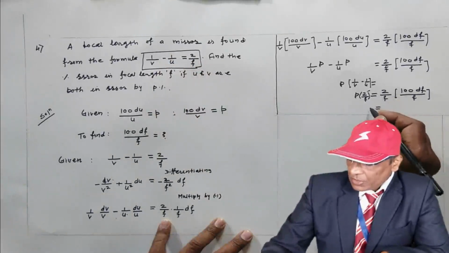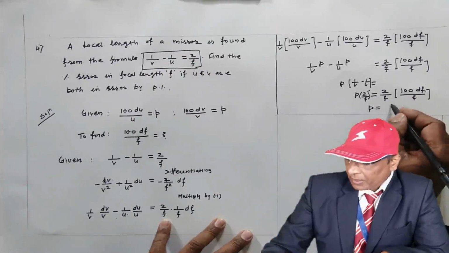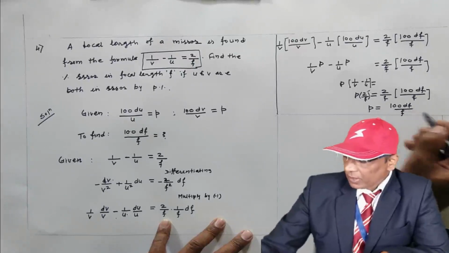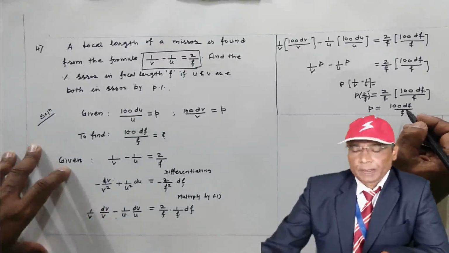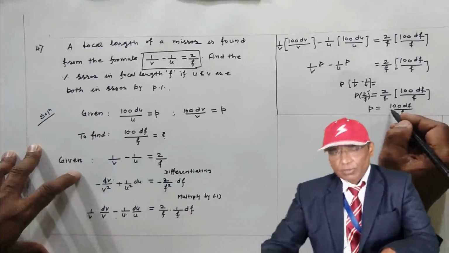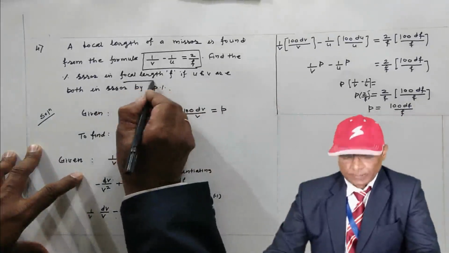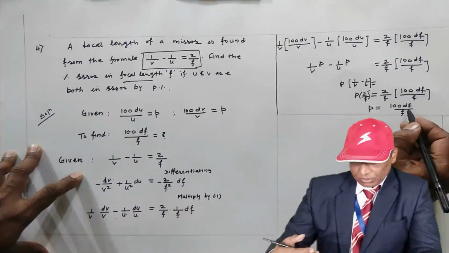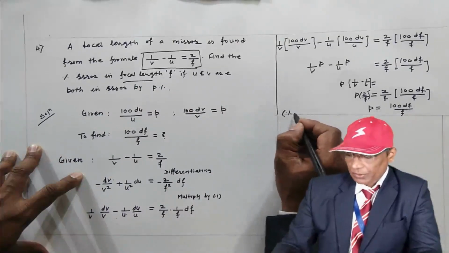This is the percentage error in focal length F. That we have found. Okay, here we have not taken log, but it was not convenient. That's why without taking log, we solved this problem. Okay, thank you very much.